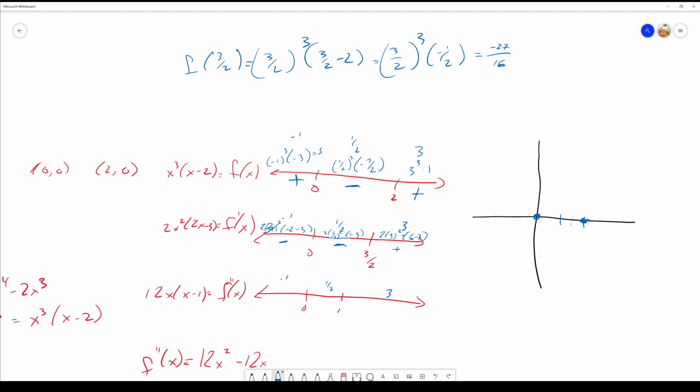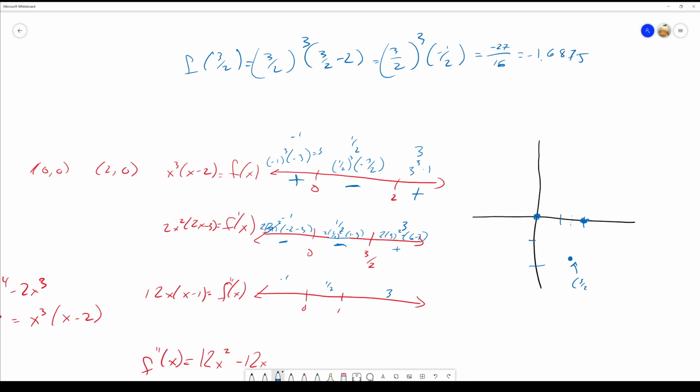And negative 27 over 16 is what? Actually, it's exactly negative 1.6875.